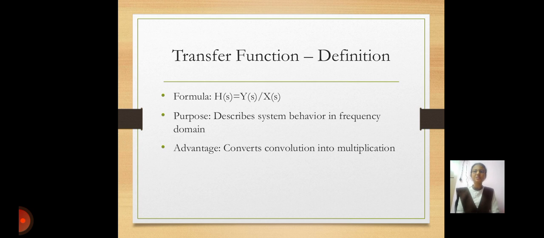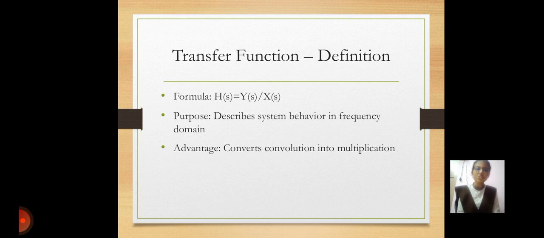The transfer function relates to the frequency domain. A transfer function describes the relation between the system's input and output in the Laplace or Z domain. In the Laplace domain, we use H of s, where s is the Laplace variable, s equals sigma plus j omega.